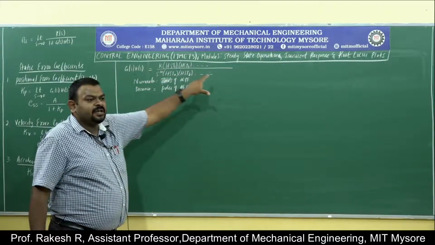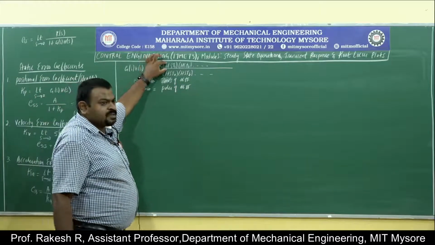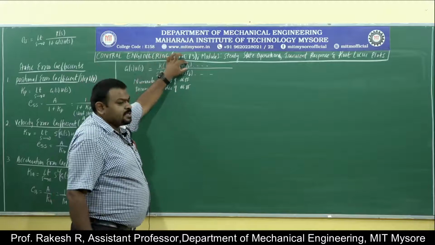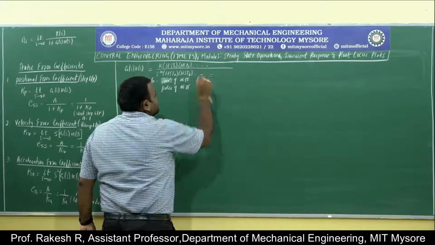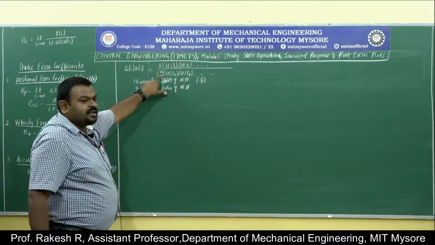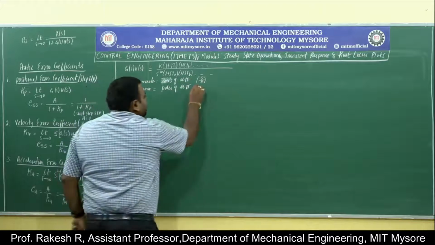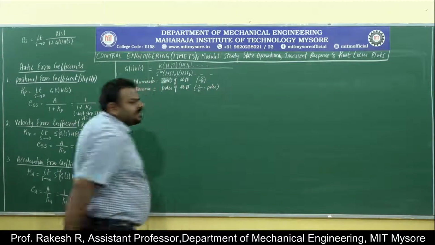This polynomial consists of numerator and denominator terms. If I equate the numerator terms to 0, that gives zeros. If I make the denominator 0, then it will be 1 by 0, which is infinity. These are called poles.